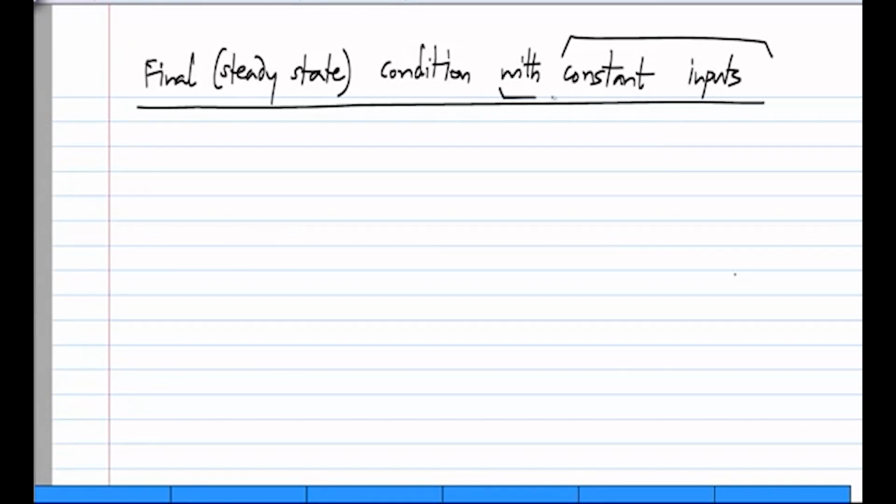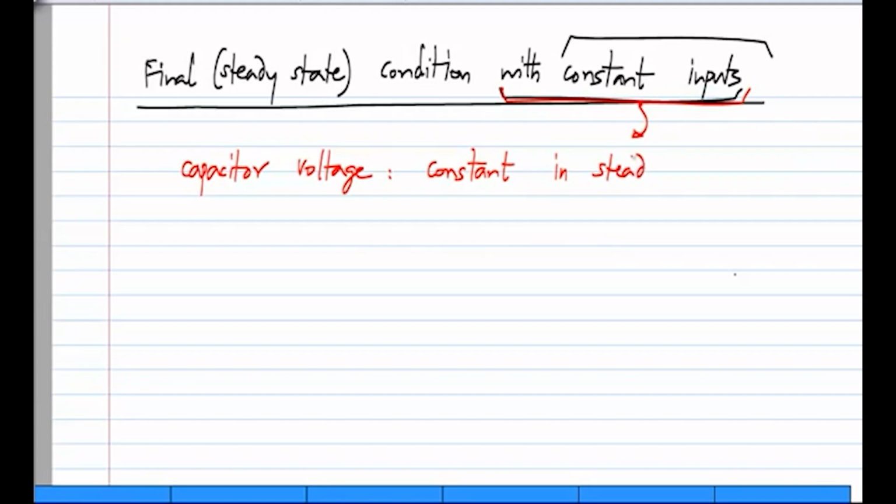So this fact that we have constant inputs means that the capacitor voltage is a constant in steady state. So that gives us a great simplification.